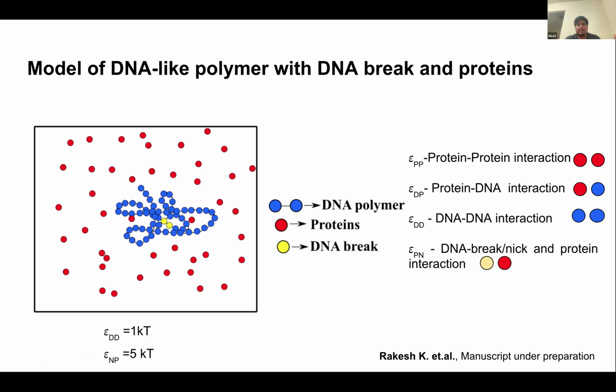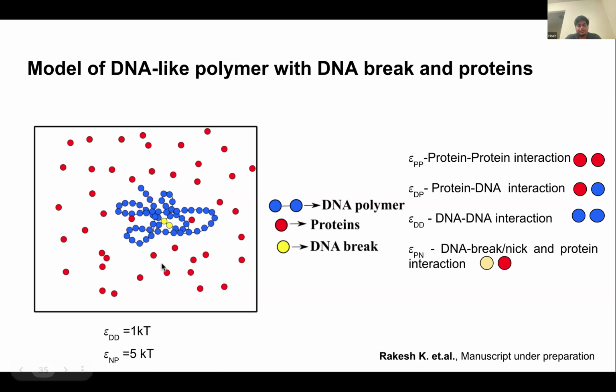The ideal interaction we found, 1.5 kT of epsilon DP and PP, affects the phase separated cluster on DNA if the DNA break is present. So DNA break here means a 5 kT interaction between protein and DNA.